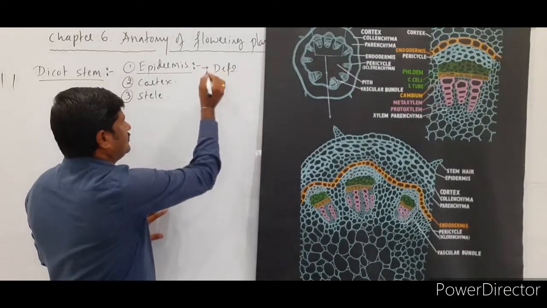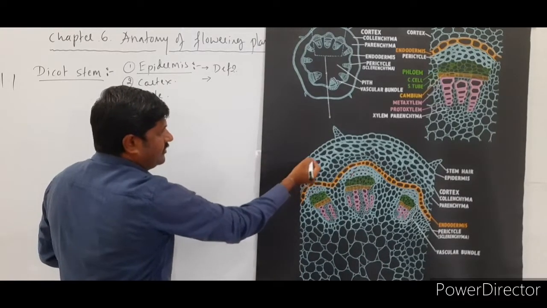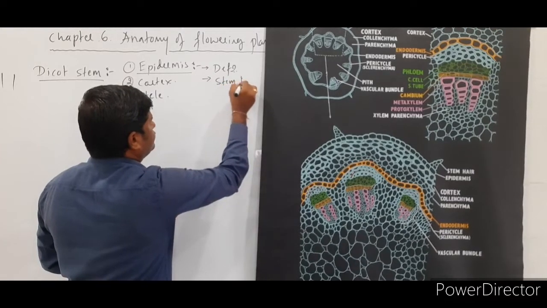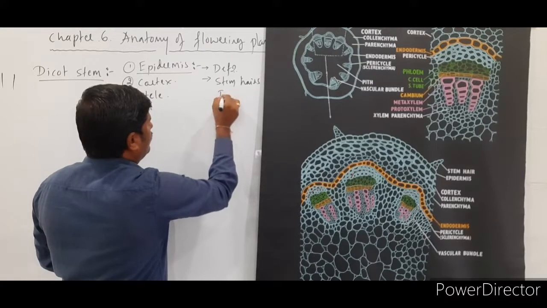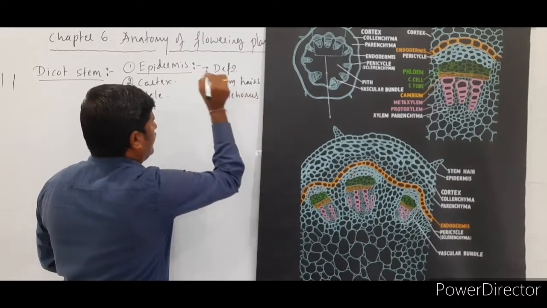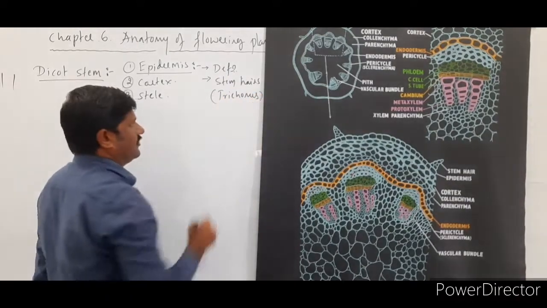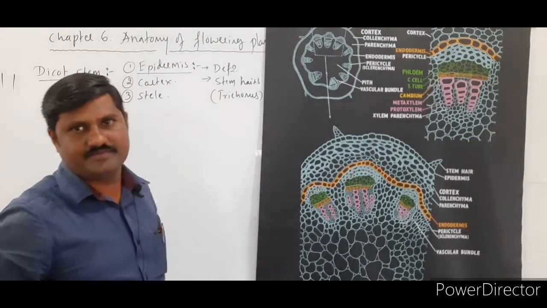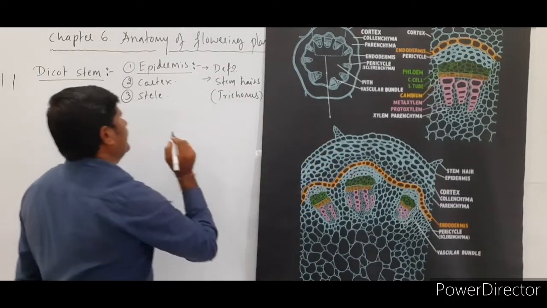So the definition is over, and the second point is that epidermal cells have stem hairs, or they are also called trichomes. Trichomes are present over here. Stem hairs are also known as trichomes. This is a more important point to be noted. Trichomes are the stem hairs that you find here.